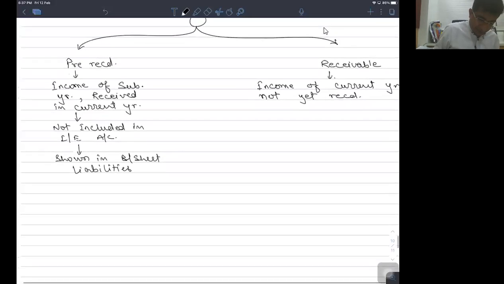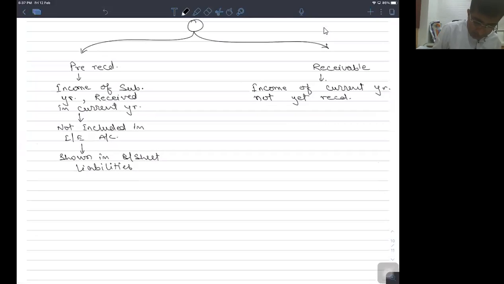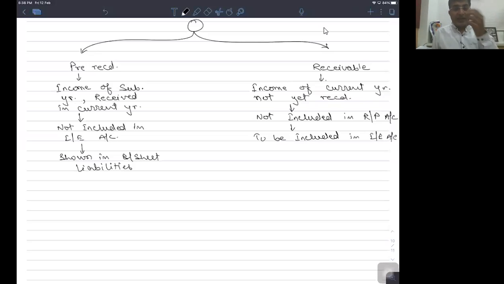That means this is not included in receipt and payment account, to be included in income and expenditure account. क्योंकि आपको मिला नहीं है इसका मतलब रिसीट पेमेंट अकाउंट में नहीं आया, पर इनकम एंड एक्सपेंडिचर में तो आएगा क्योंकि आपके इस साल की इनकम है, अक्रूवल कंसेप्ट फॉलो करनी है, मैचिंग प्रिंसिपल फॉलो करना है. यस और नो?